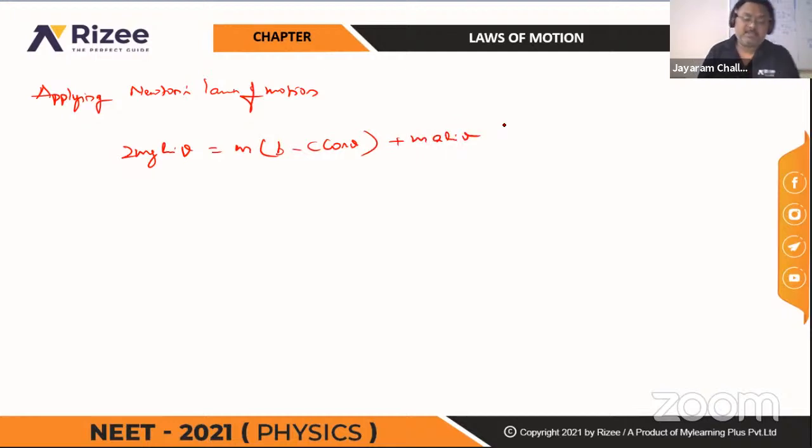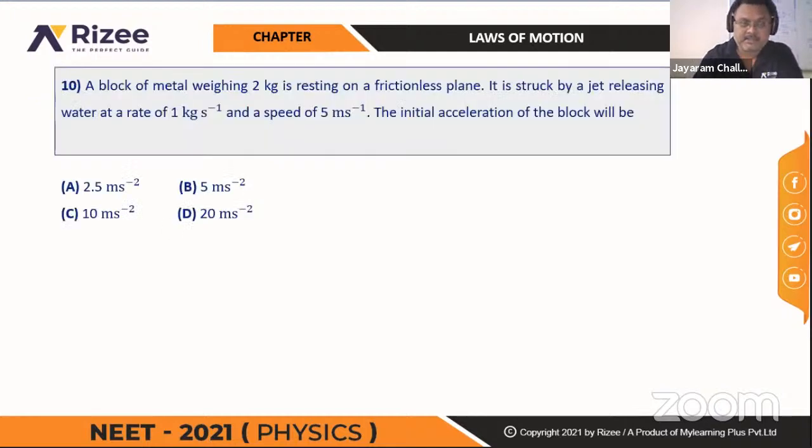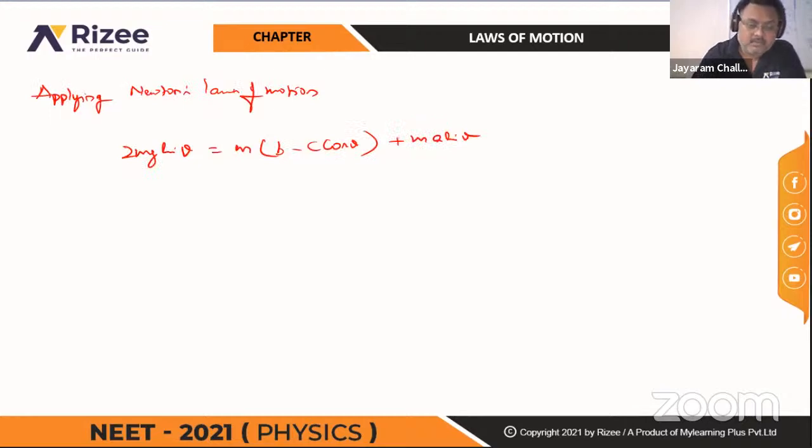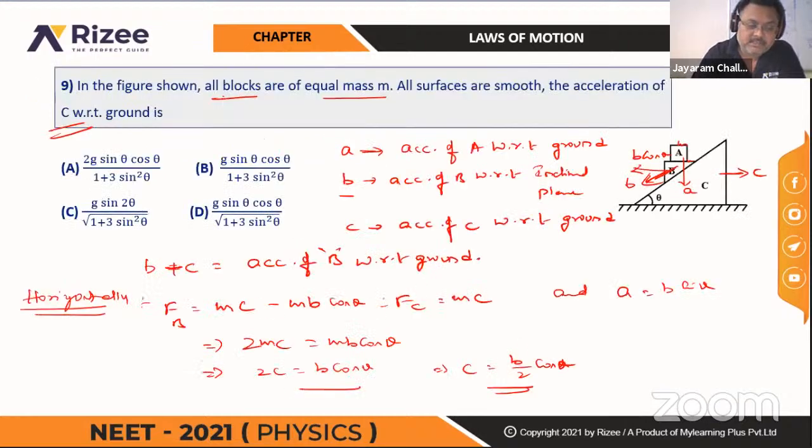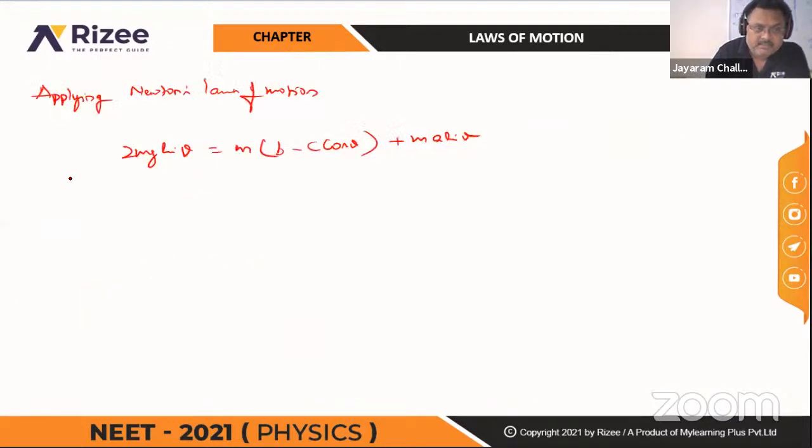So these are the forces that will be acting at that particular instance, and these are the balancing situations. From this, you can write g sine theta is equal to B minus C cos theta plus A sine theta.